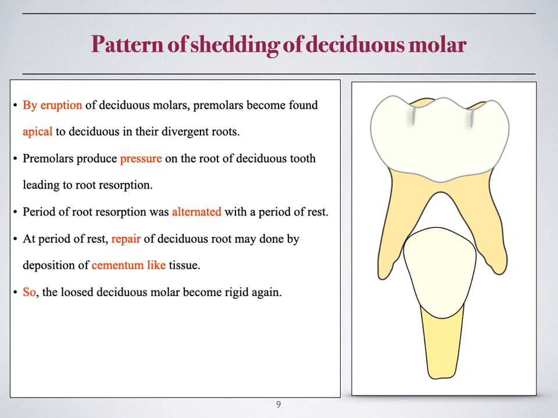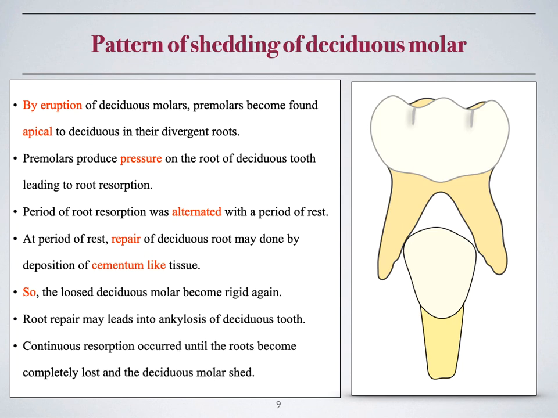And so the loose deciduous molar becomes rigid again. Root repair may lead to ankylosis of the deciduous tooth.